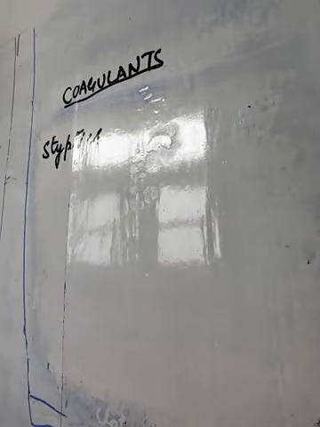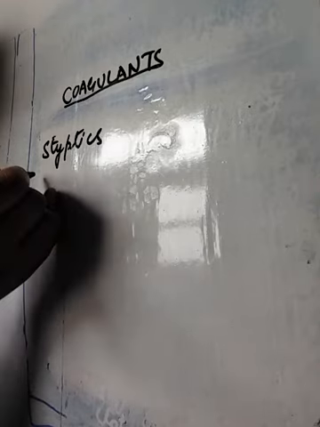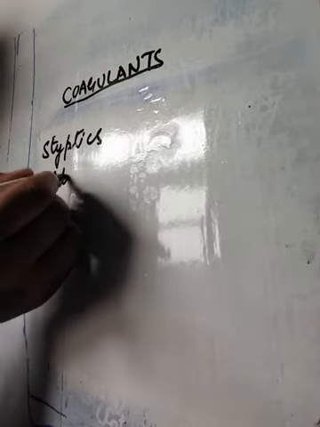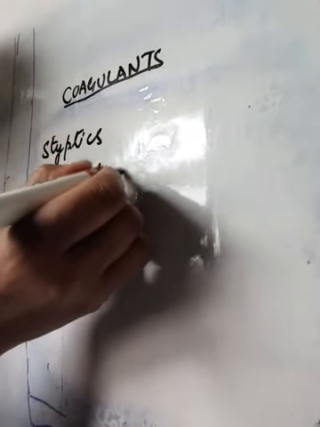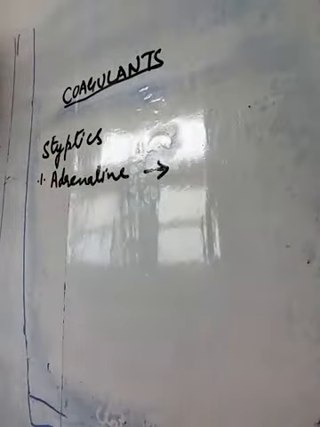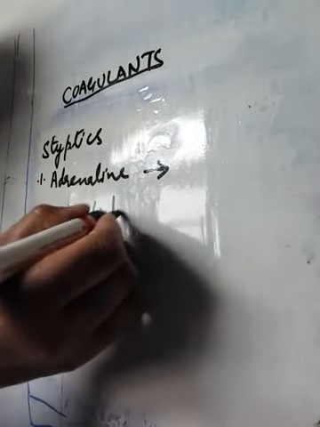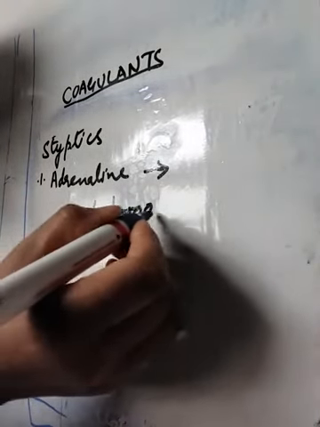There are different styptics which are used for controlling bleeding. Number first is the adrenaline. Adrenaline solution, its concentration is 1:10,000.